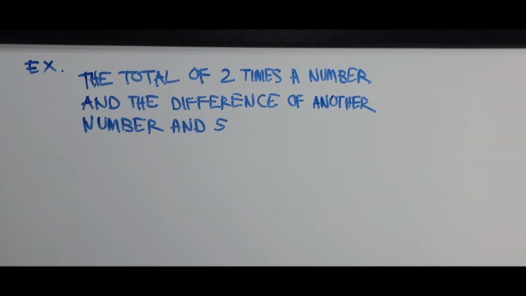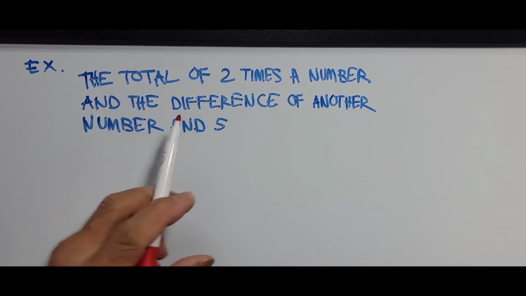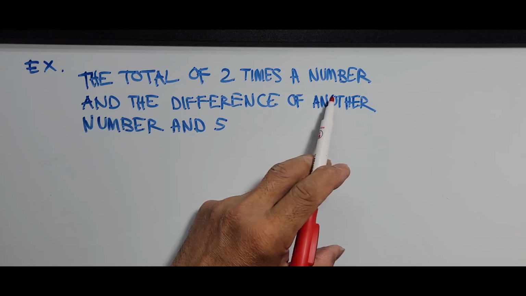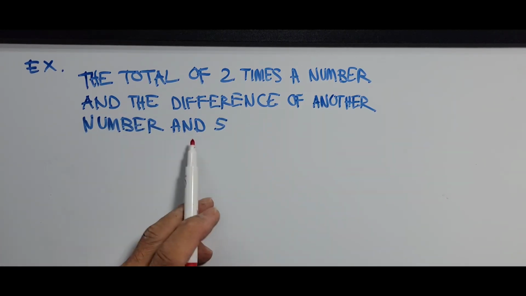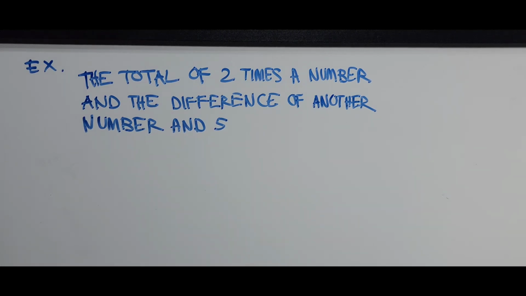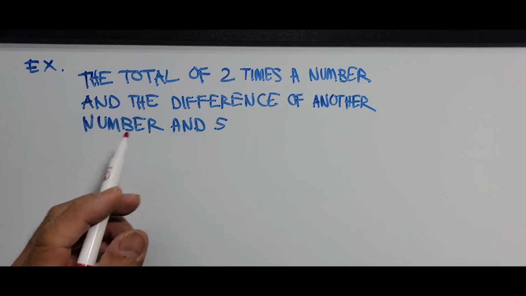Now we have another example over here. This is kind of complex. The total of 2 times a number and the difference of another number and 5. That's a kind of complex word expression to represent as an algebraic expression. What is the signal word for the operation right here?